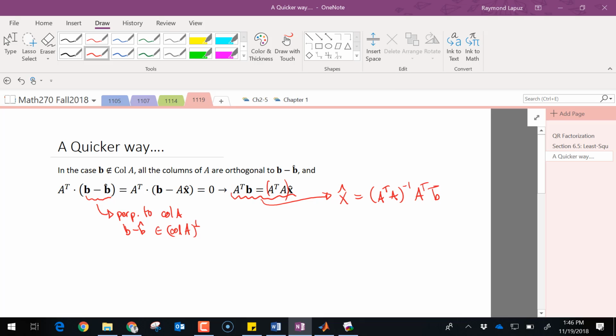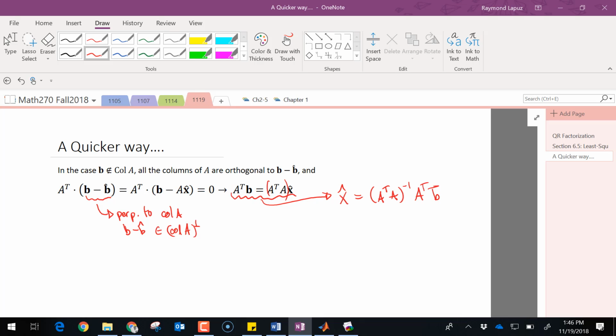The thing is that B minus B hat, if A is not a square matrix, B minus B hat applied to A doesn't make sense. And so we have to take the transpose of A for this to make sense.